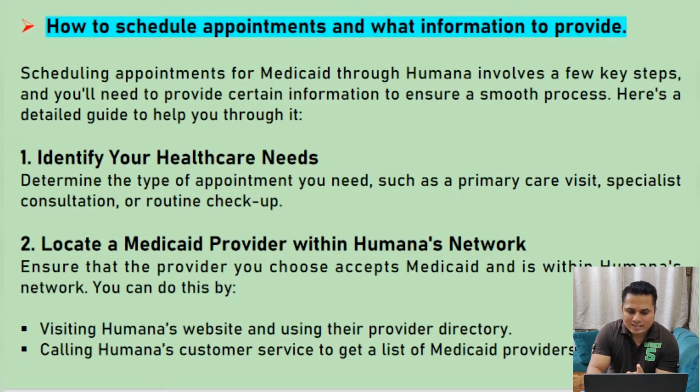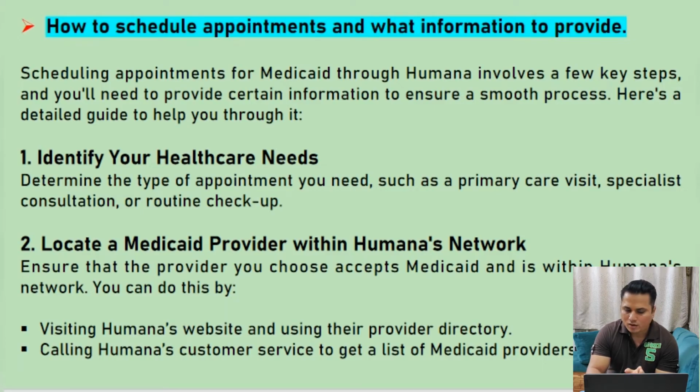Number one, identify your healthcare needs. Determine the type of appointment you need, such as primary care visit, specialist consultation, or routine checkup. Number two, locate a Medicaid provider within Humana's network.